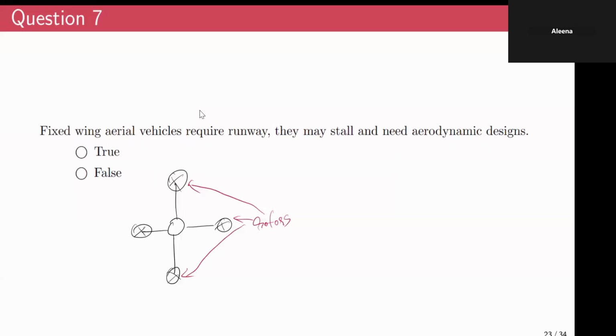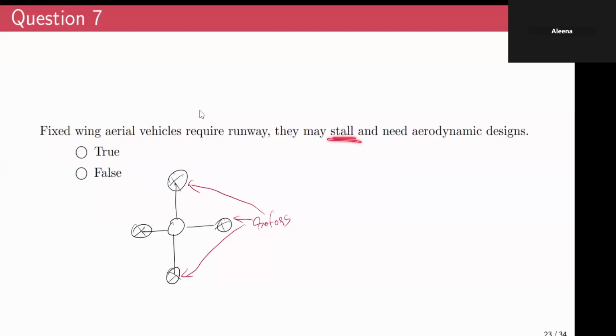They don't need any runway. They can take off and land vertically without any real requirement of a runway. But in the case of fixed wing aerial vehicles, very similar to an aeroplane, they may need a runway for taking off and landing.